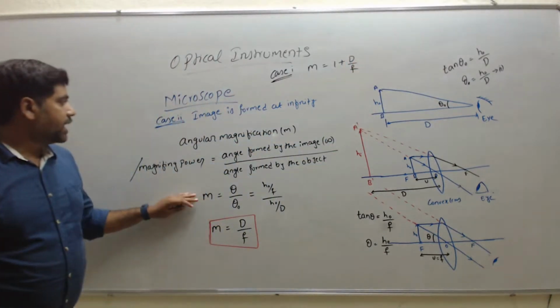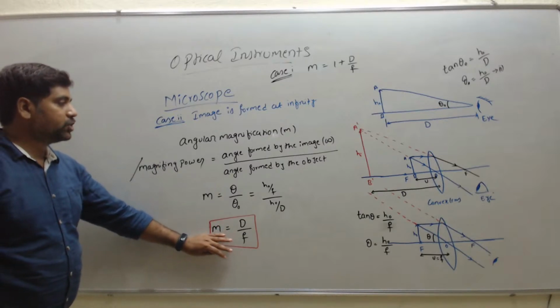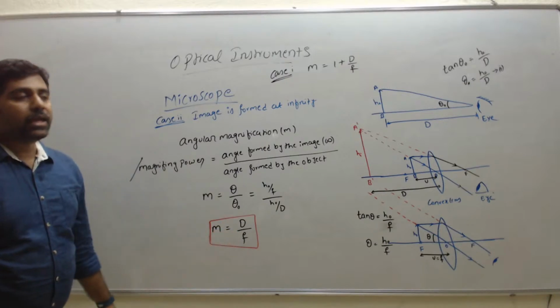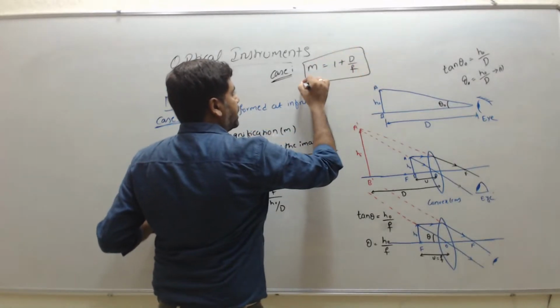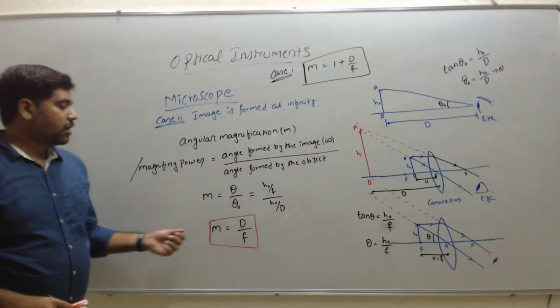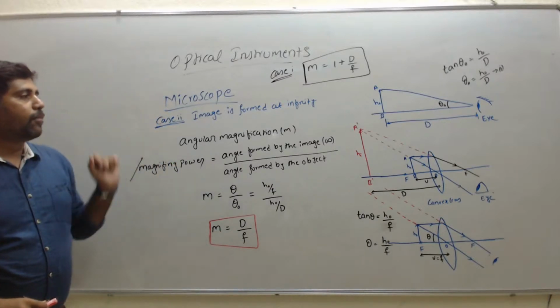In the second case, when the image is at infinity, the angular magnification or magnifying power m is equal to d by f. So these are the two cases which we study in the microscope: one is at the near point and another one is at infinity. So this is about the microscope.